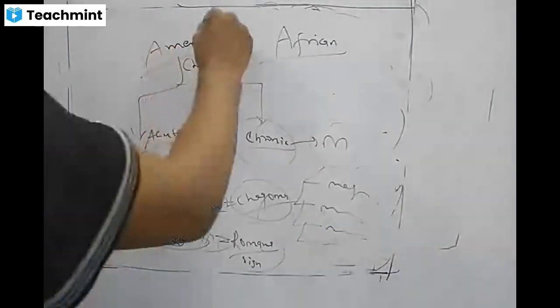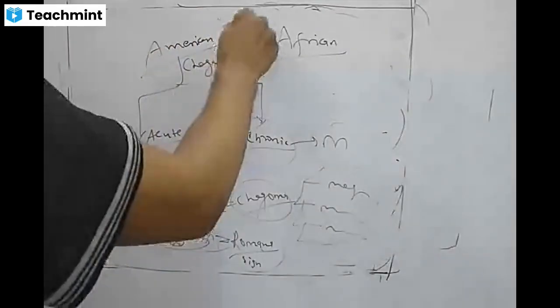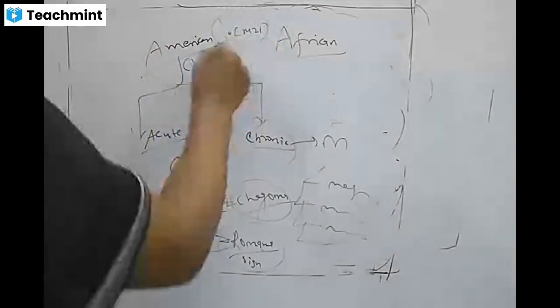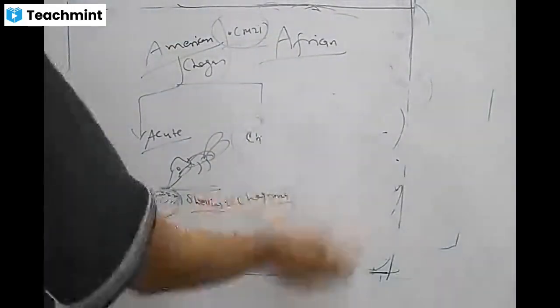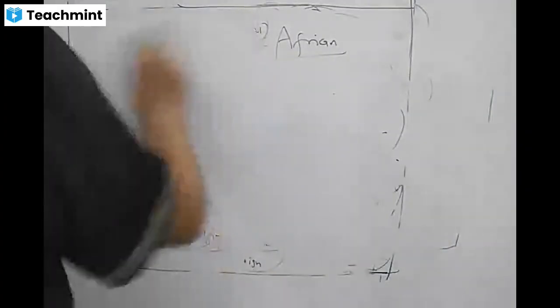And in 2019, the simple etiology-based question was there. Chagas disease is caused by T. cruzi. And the vector is your kissing bug, reduviid bug.